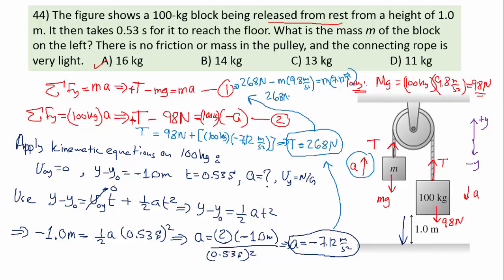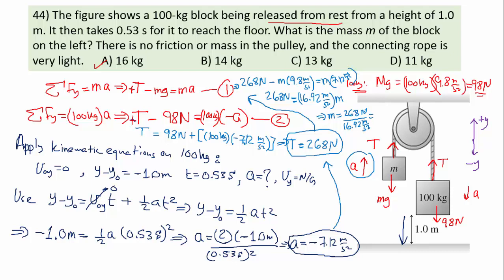So you have 268 Newton equal to 16.92 meter per second squared times the mass, meaning the mass is equal to 268 Newton divided by 16.92 meter per second squared.